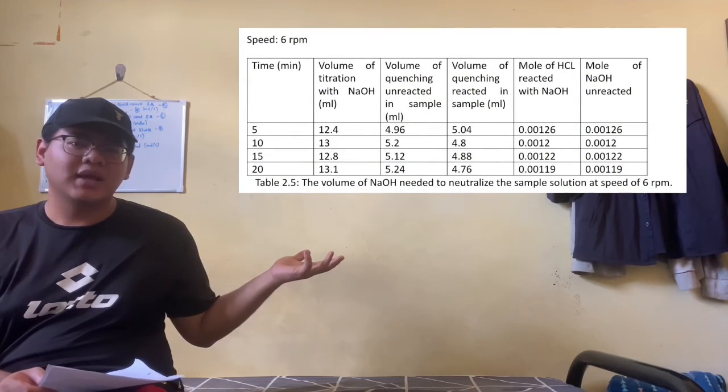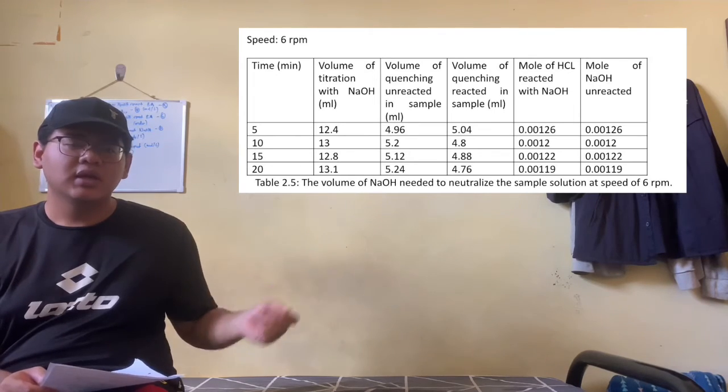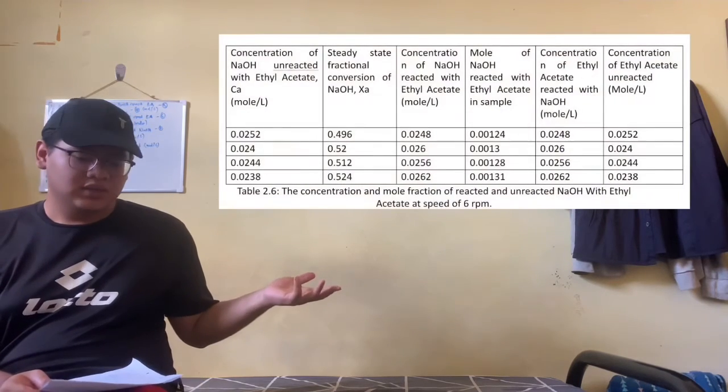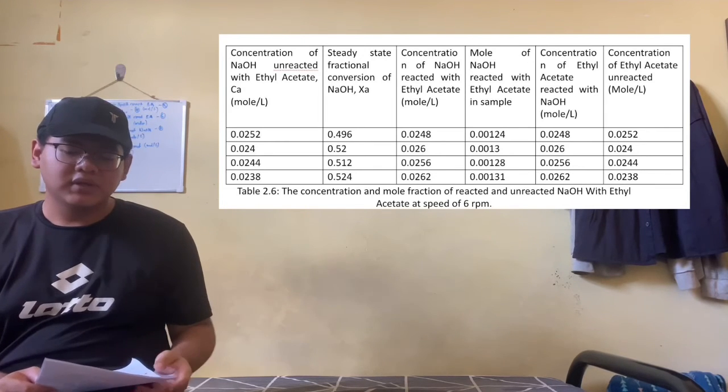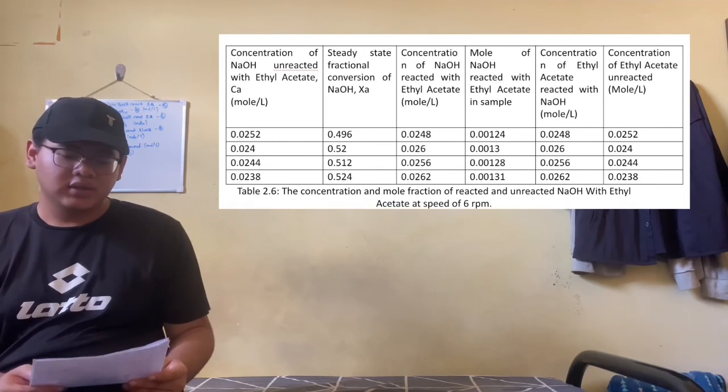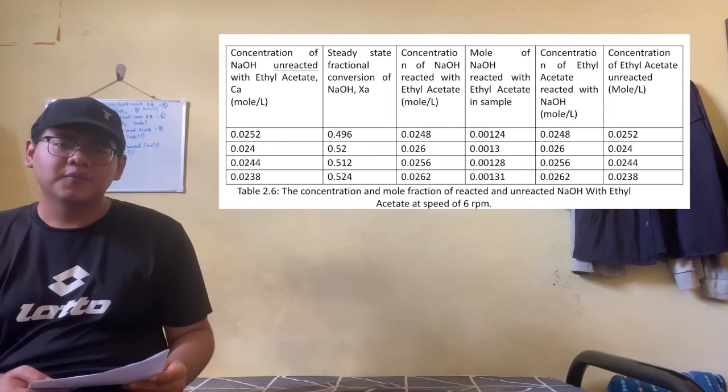And lastly, for the speed of 6 rpm, here is the first table of the volume of sodium hydroxide needed for the neutralization, and here is the second table for the concentration and mole fraction of reacted and unreacted sodium hydroxide with ethyl acetate.